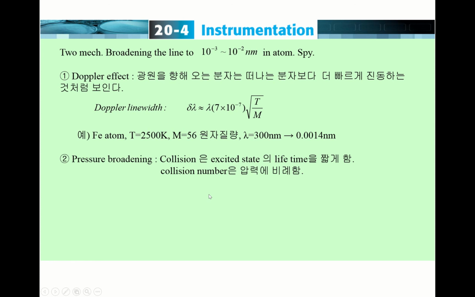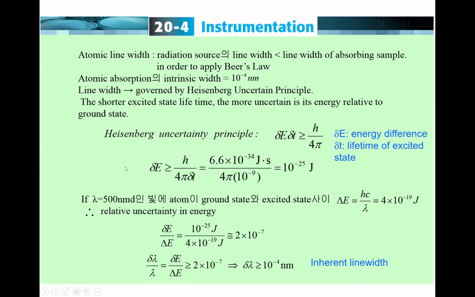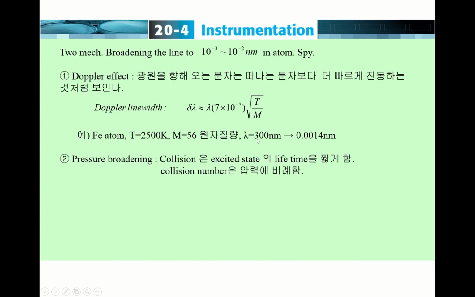There is also another line broadening mechanism. The emission line should be as sharp as possible, but the intrinsic line broadening is due to the Heisenberg uncertainty principle, and another mechanism is the Doppler effect. You know the Doppler effect.